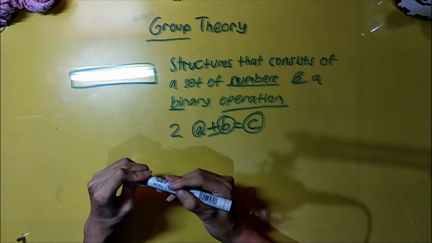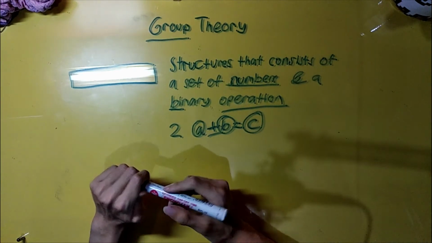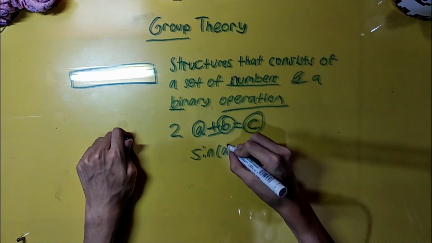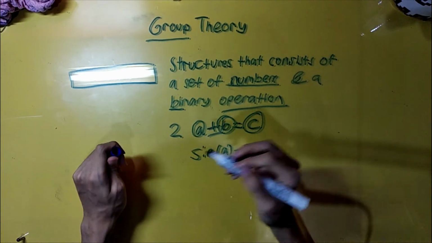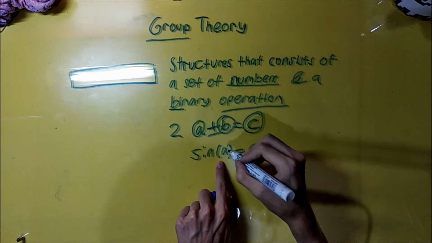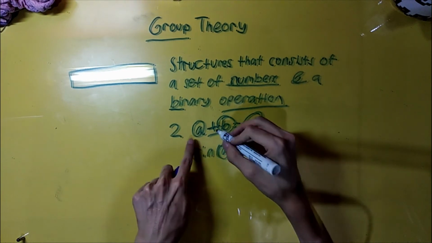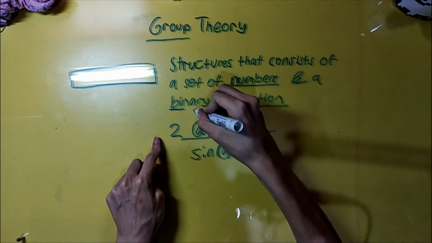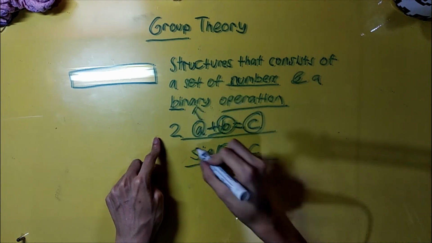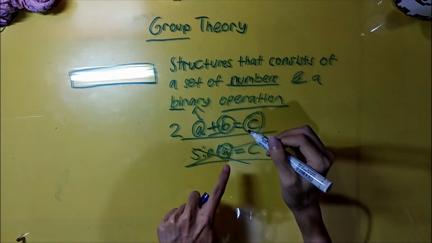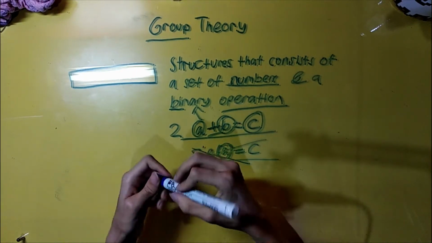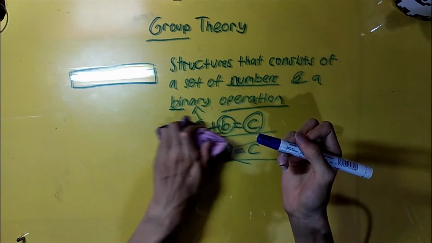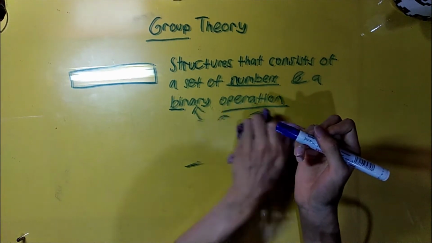Something that is not a binary operation is, for example, sine. You can take the sine of a number to get another number, right? But this thing only has 1 input, as opposed to addition, which has 2 inputs. This is a binary operation, but this is not a binary operation. It only has 1 input. So there's how you figure out if any mathematical operation is binary or not.